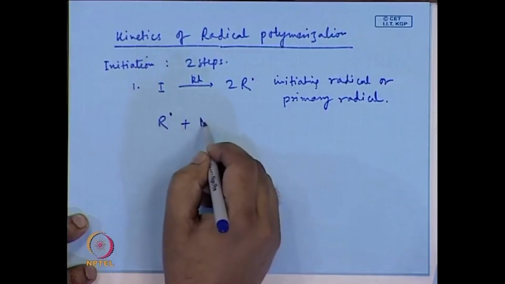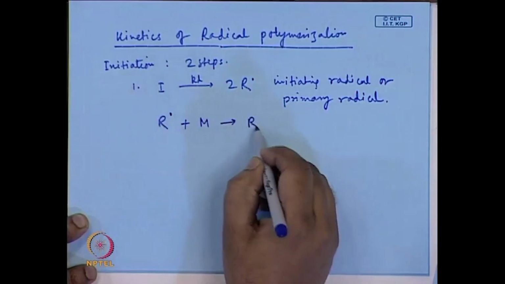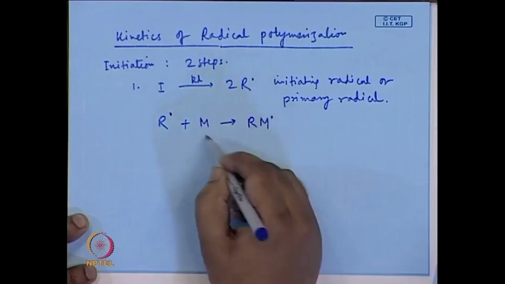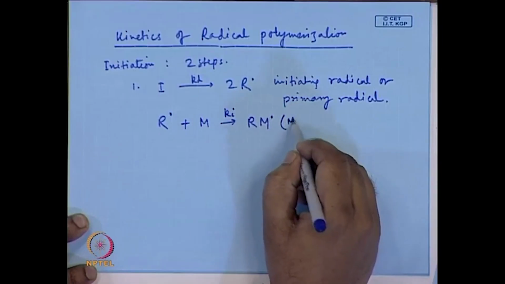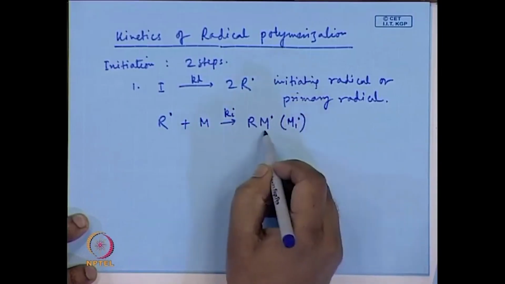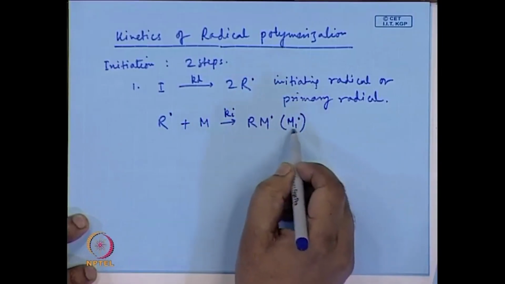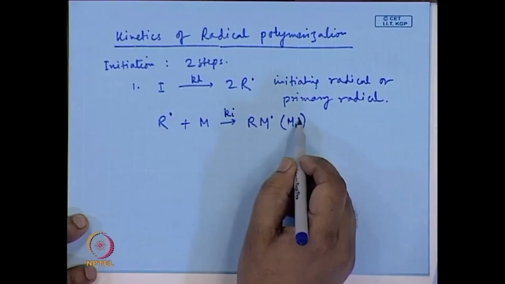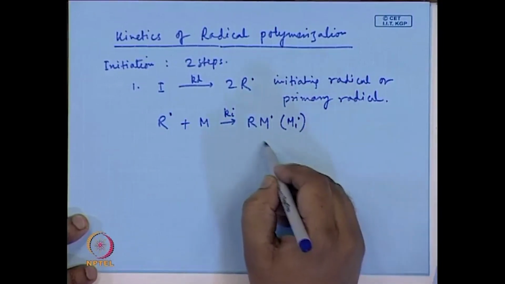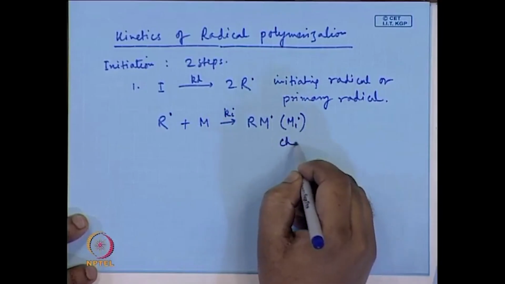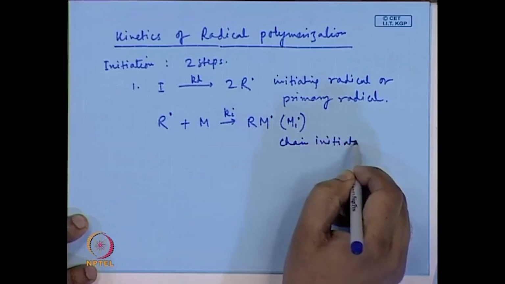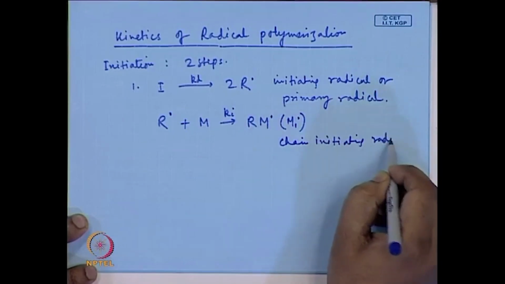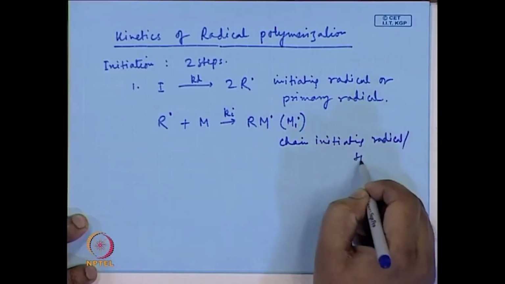This primary radical reacts with a monomer, R M dot; for short we are writing M1 dot here. This is the chain initiating radical or species.